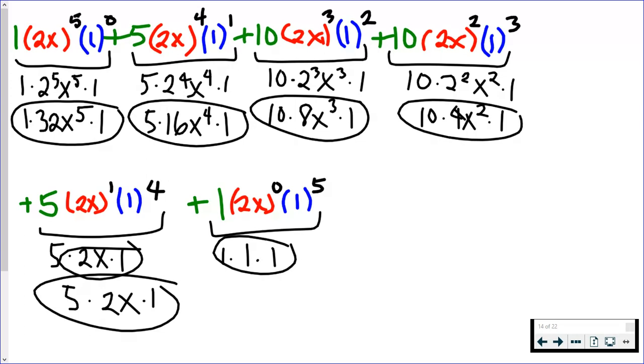Okay, so all you're going to do is multiply these together, and then you have all of these terms added. So if you want to pause the video to do that, I encourage you to pause it. Otherwise, I'm going to go to the next slide with the answer.